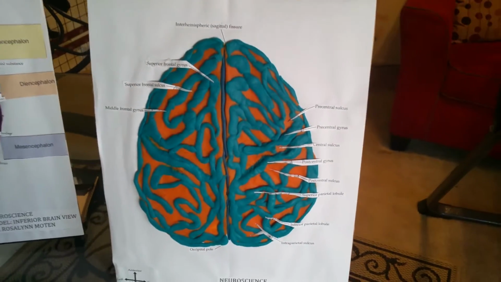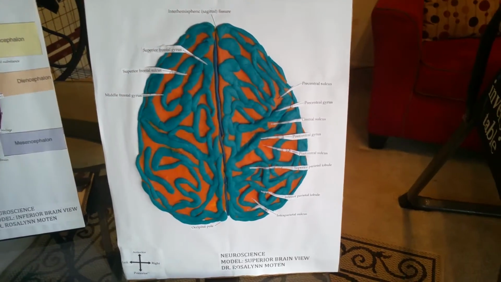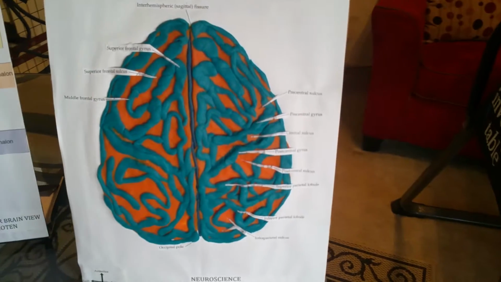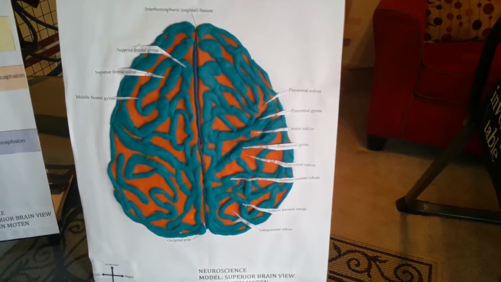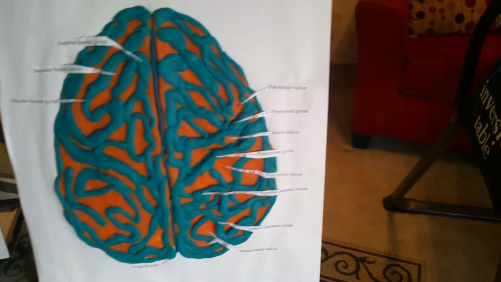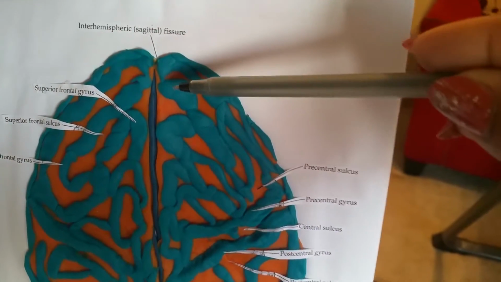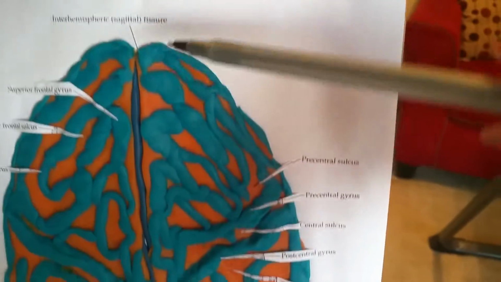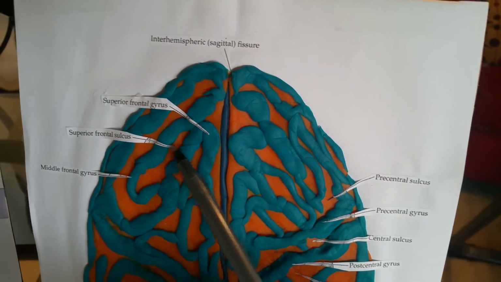And last but not least, we have the superior view of the brain. Again, trying to sort of represent the gyrus and the sulcus. Used raised clay over a flat surface. So here we go. We've got, again, the interhemispheric sagittal fissure, which is here. The superior frontal gyrus, superior frontal sulcus, middle frontal gyrus, okay, occipital pole.